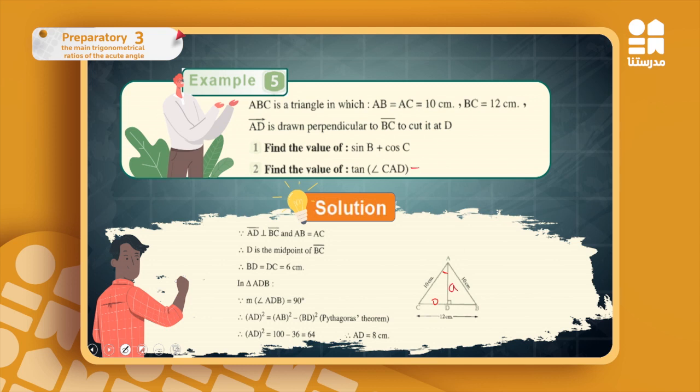So tan this angle is equal to the opposite over the adjacent. The opposite length here equals 6, and the adjacent equals 8. You can simplify it and it will be 3 over 4, or as a decimal 0.75. And that was the solution of the question.